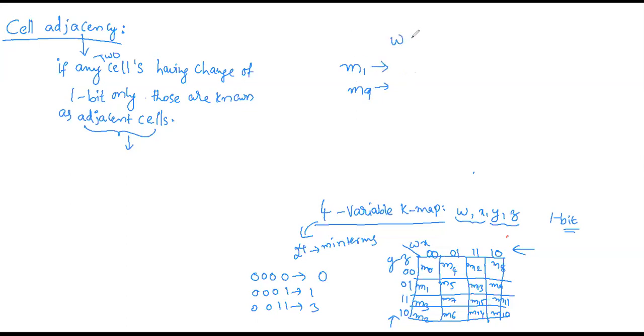We have 4 variables W, X, Y, Z. Now tell me, M1, M9 are adjacent cells or not?